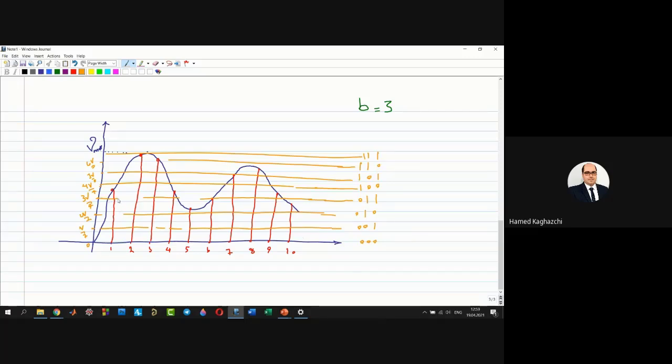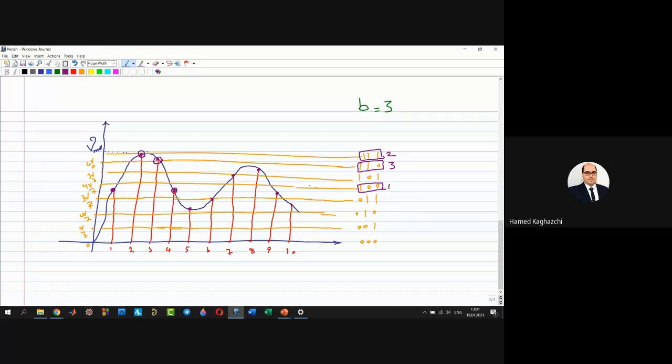Now look at here. Now each sample belongs to a specific code. For example, sample 1 belongs to this code. This is sample 1. The second sample belongs to this code. Sample 3 belongs to this one.